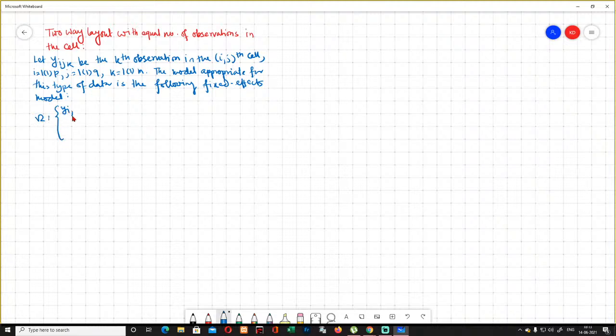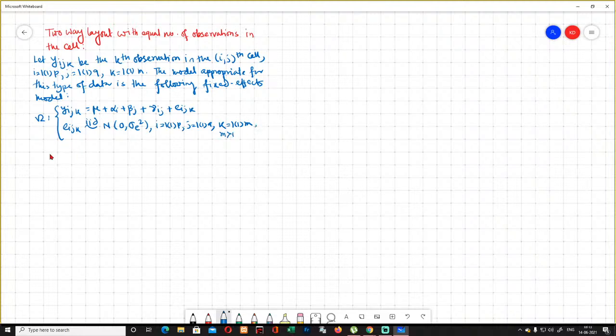That is Yijk equals mu plus alpha i plus beta j plus gamma ij plus Eijk, where Eijk follow IID normal 0, sigma square, for i from 1 to p, j from 1 to q, k from 1 to n. And obviously n greater than 1.